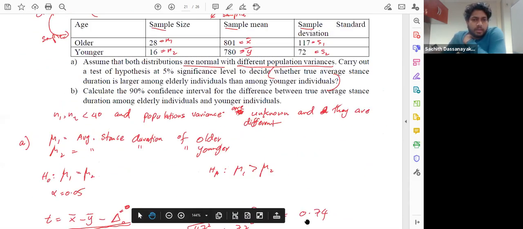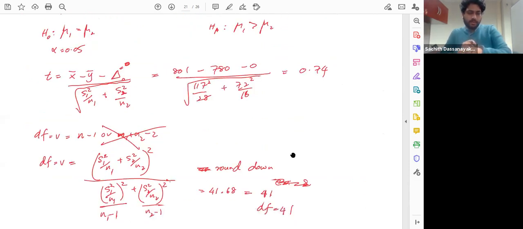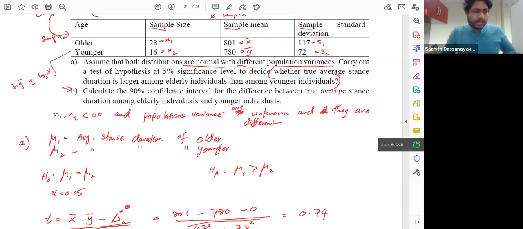Clear? Part C, I think I'm not going to do that. You can find that particular equation and do that. I don't have enough time, it's almost 45. To find this, you have to use the equation x bar minus y bar plus or minus t alpha over 2 with the degree of freedom, times the square root of s1 squared over n1 plus s2 squared over n2.